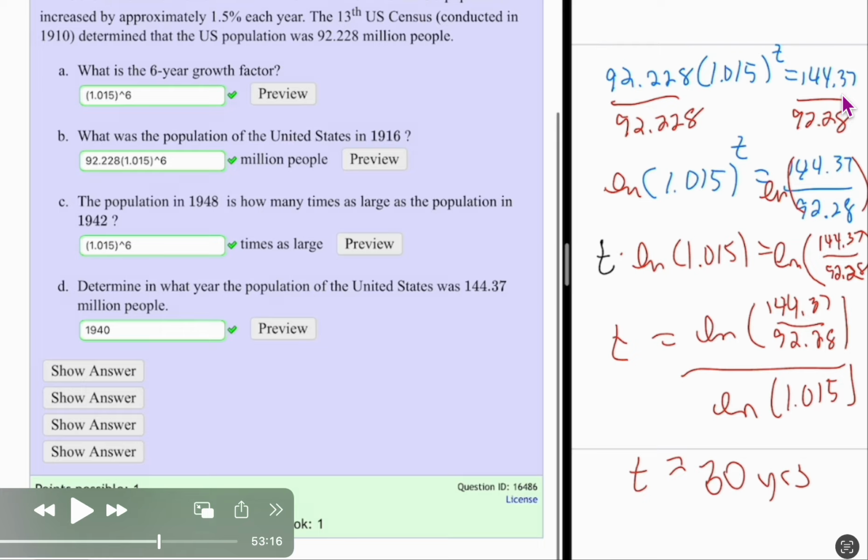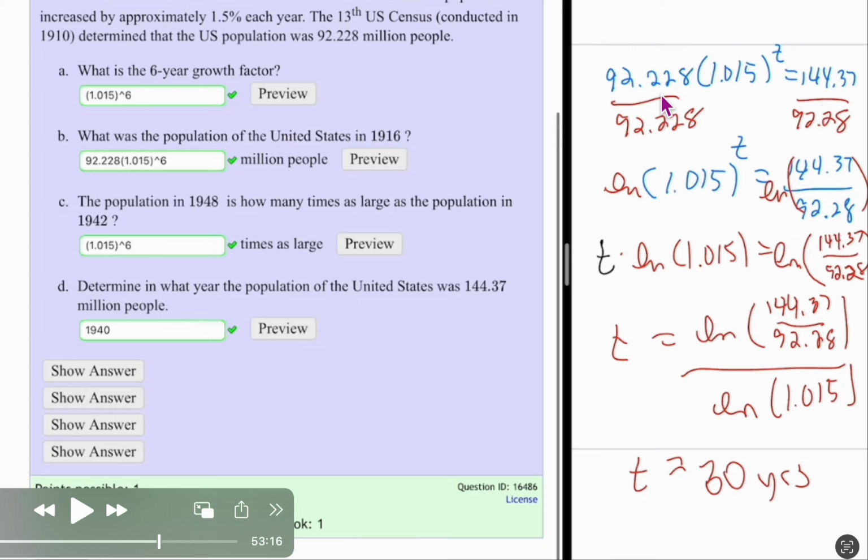Now, anytime you're looking for the time, it's always going to be the same. We're always going to end up being the natural log of the final value divided by the starting value over the natural log of the base, or the growth factor. Let me say that again. We always end up with the natural log of the ending value divided by the starting value, all divided by the natural log of the base, or the growth factor.